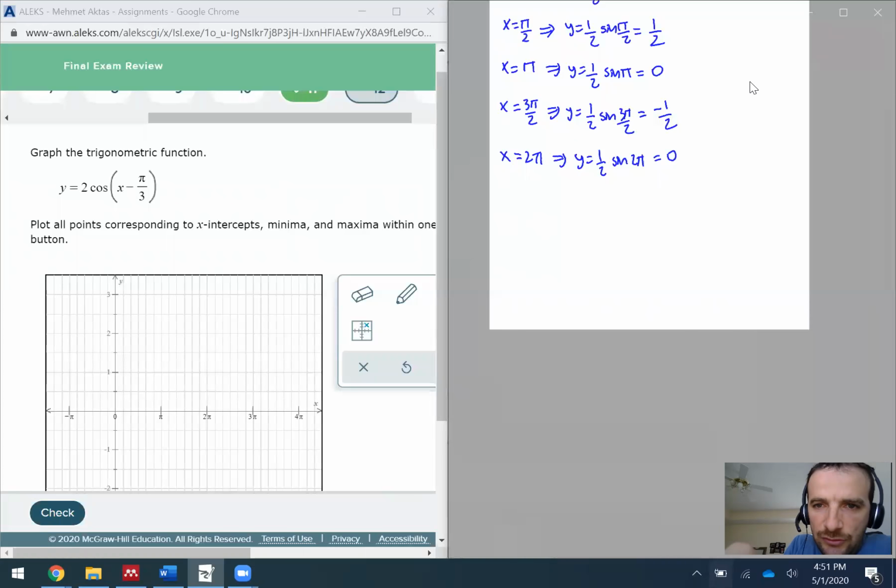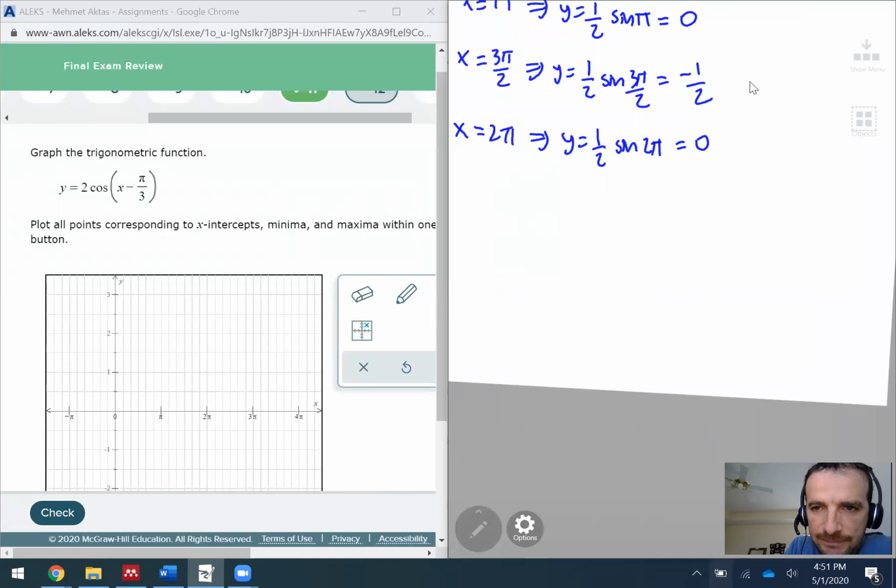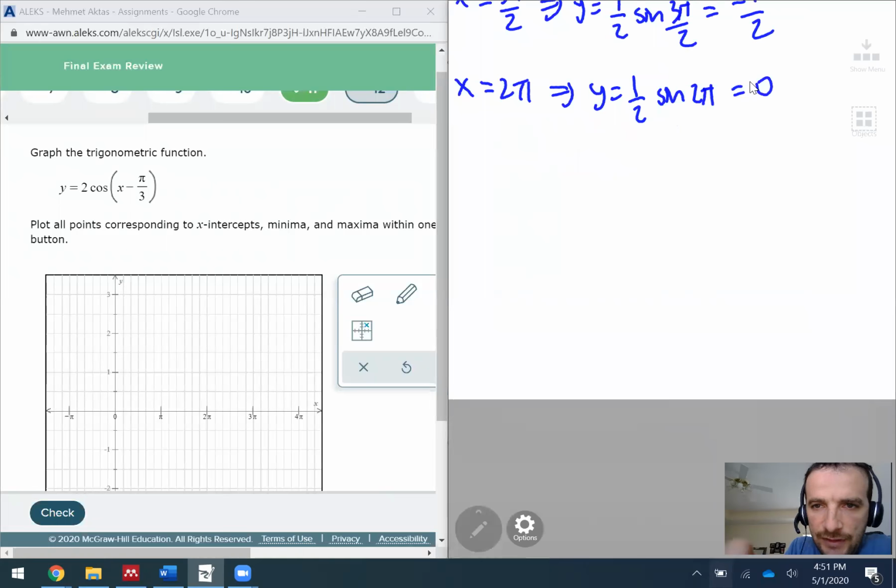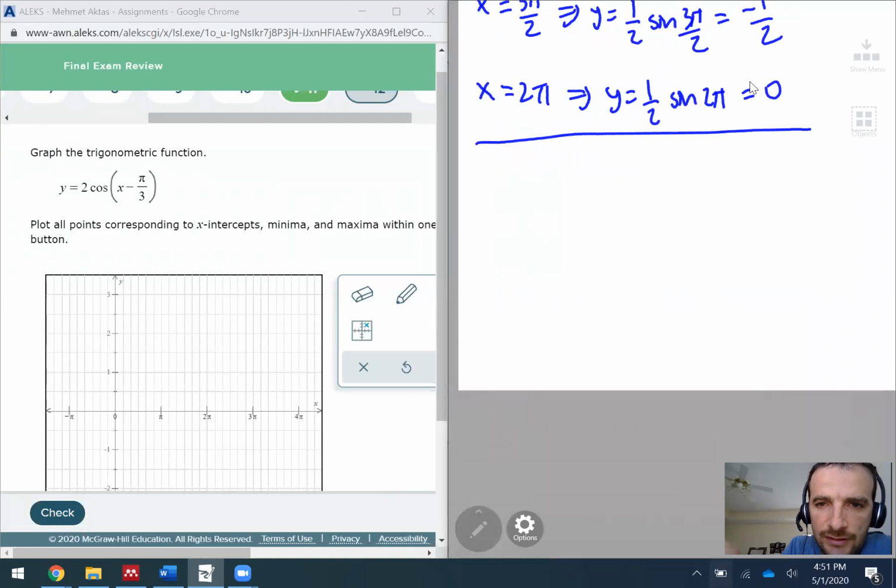Maybe I can do it that way this time. So what is the phase shift? Set whatever we have inside the parentheses to 0. x minus pi over 3 is equal to 0, which gives x is equal to pi over 3.